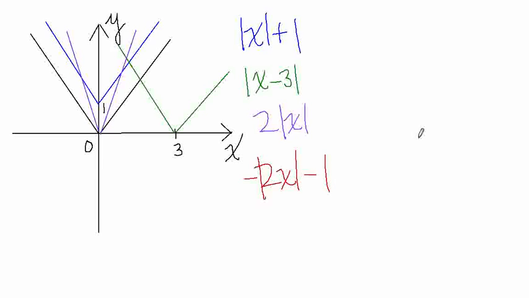Minus the absolute value of the product of 2 and x, and then that whole value minus 1. So pause the video, make a table, do whatever you have to do to figure out the graph of that. All right, so I'll go ahead and do that one now.